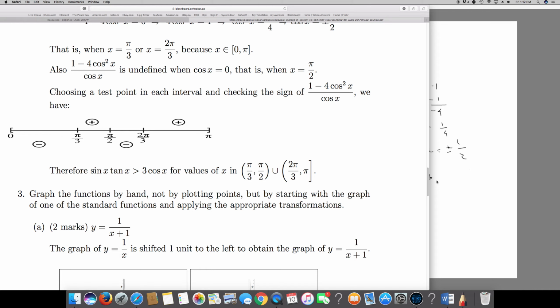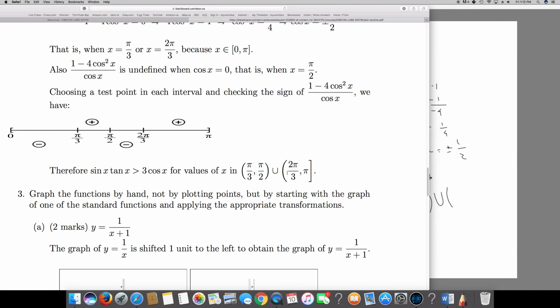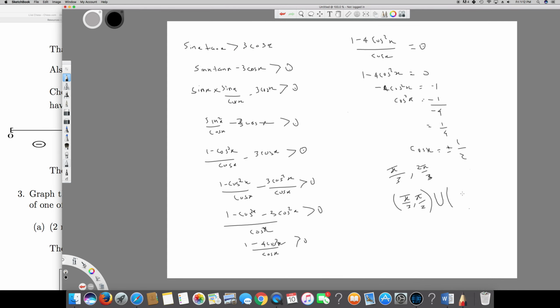Therefore we have to split this into two intervals: π by 3 comma π by 2 in one bracket, and the union sign, which combines these two together, right? And 2π by 3 is our next one, 2π by 3 to π. So these are the two intervals. This is my final answer.